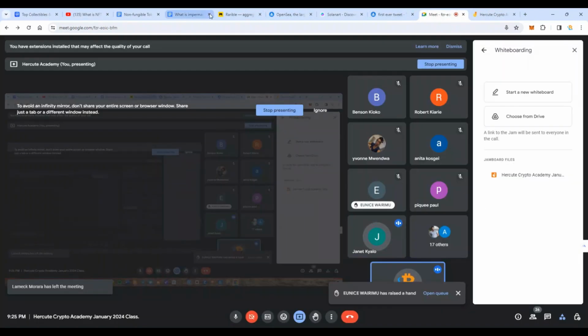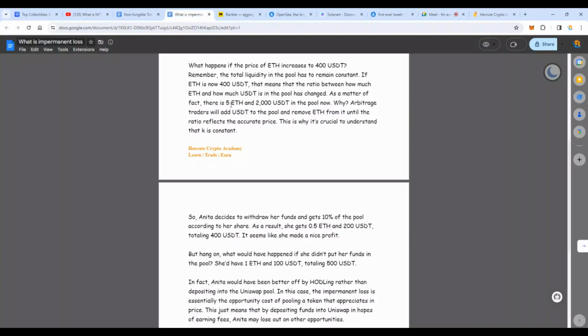So if 5 multiplied by 400 is 2000, and we have 2000 USDT, in total we have 4000 USDT. The value of our total liquidity pool is 4000 USDT, right? So Anita needs to get a 10% share of the total liquidity pool, and 10% of 4,000 is actually 400.